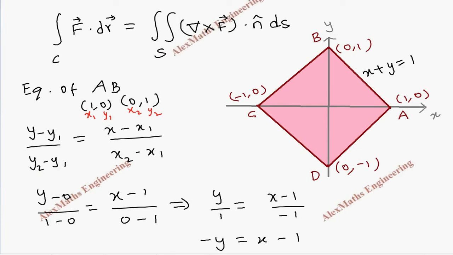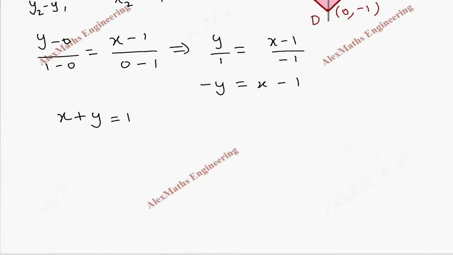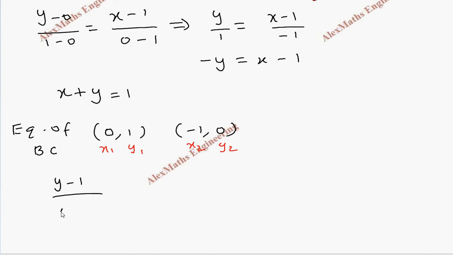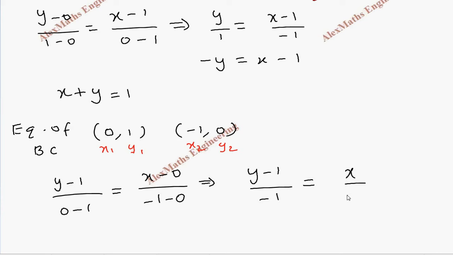In the same way I have to find the equation for BC, where we have (0, 1) and (-1, 0). Again, naming these x1, y1, x2, y2 and using the same 2-point formula, y minus 1 by minus 1 is equal to x by minus 1.